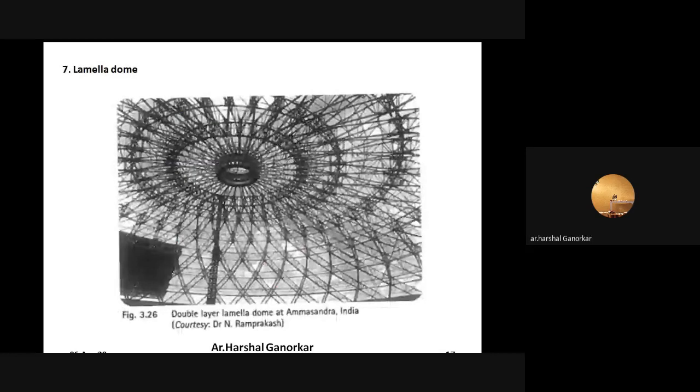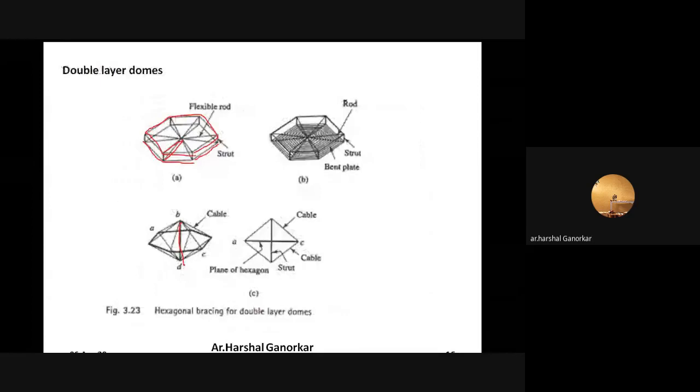So this is lamella, or we can say the double layer lamella. Here is the top layer, and this line represents the bottom layer. Again, it is joined by these cables. The cables are there to reduce the forces. Otherwise, it will be difficult to join these two layers in a single plane. So cables reduce the pressure over that structure.